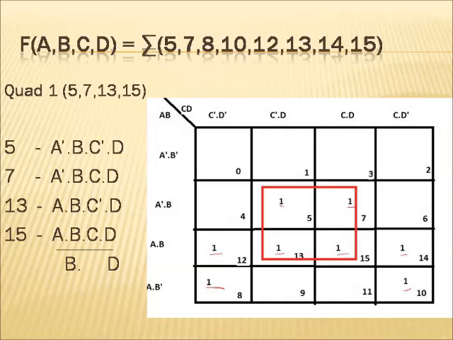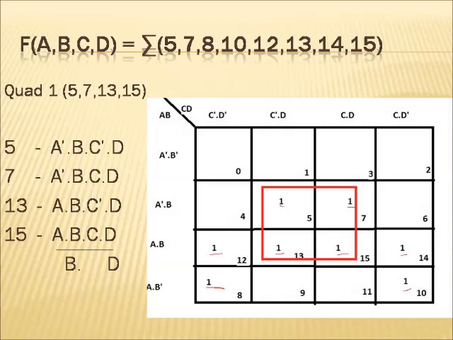So here you can see that first it is A bar. A bar is getting changed when the value becomes 13. A bar becoming A. Now see the variable B. B is unchanged throughout the group. So we can write B there. Then in the case of C bar, also getting changed.